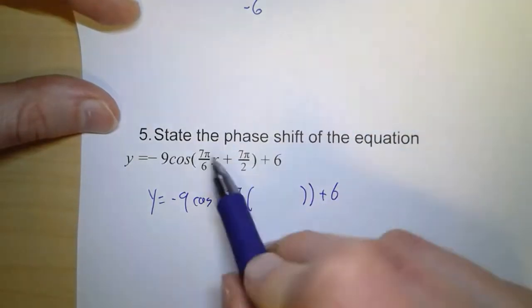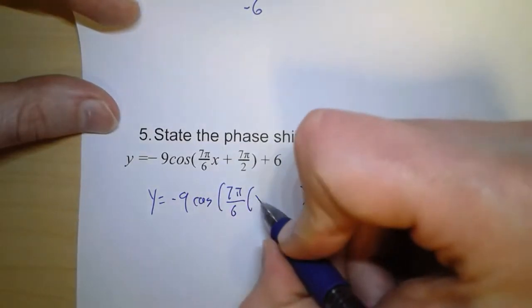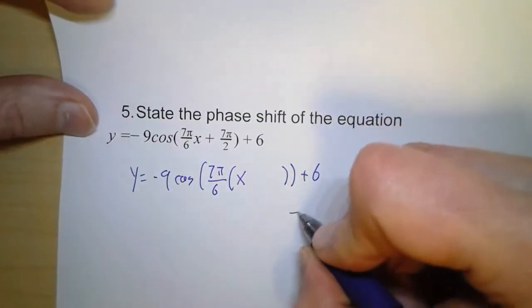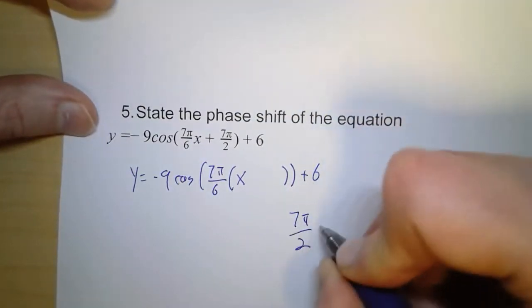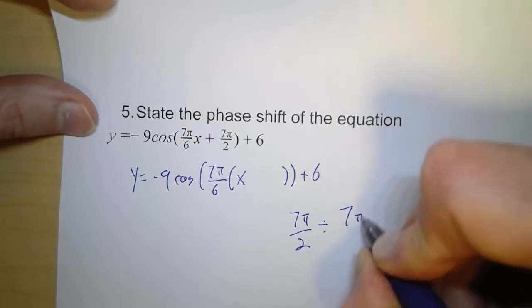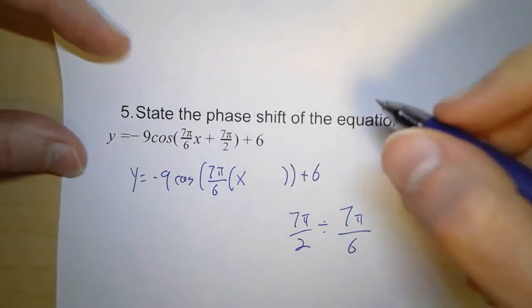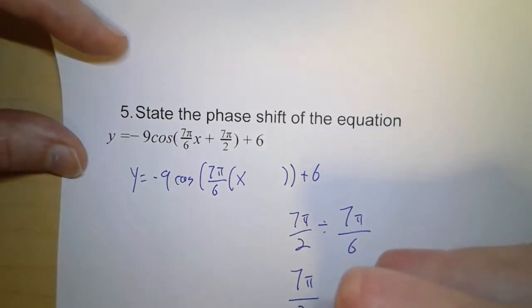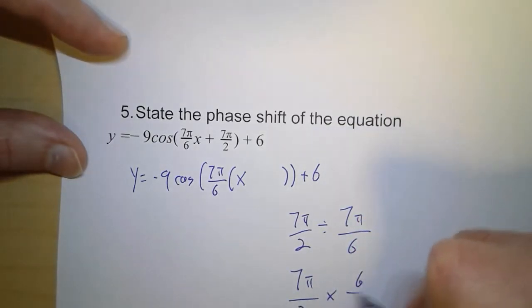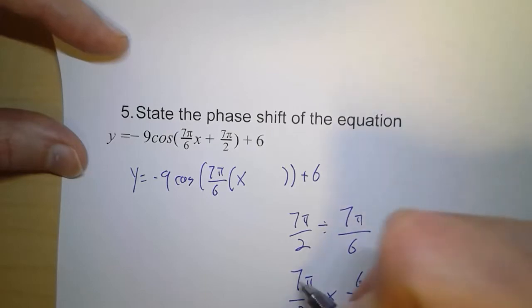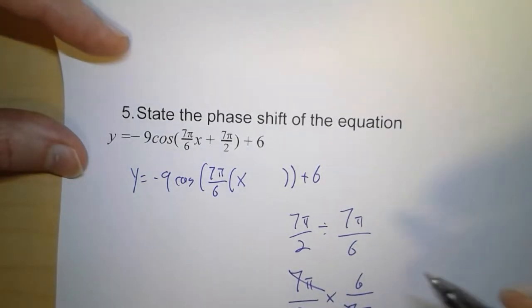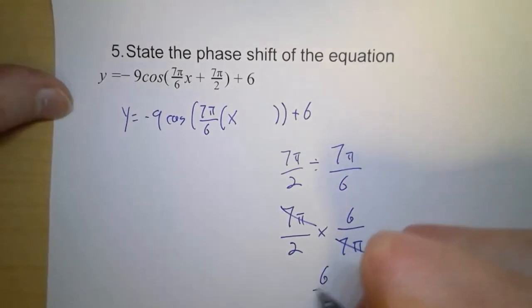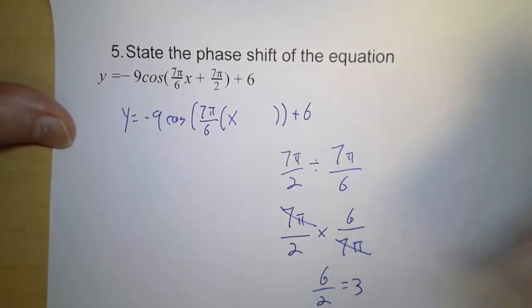If I divide this by 7 pi over 6, we're left with just x. Now I need to take 7 pi over 2 and divide by 7 pi over 6. So here again, I'm going to have to multiply 7 pi over 2 by the reciprocal, 6 over 7 pi. But thankfully, the 7 pi's cancel out. So we end up with just 6 over 2, which is 3.